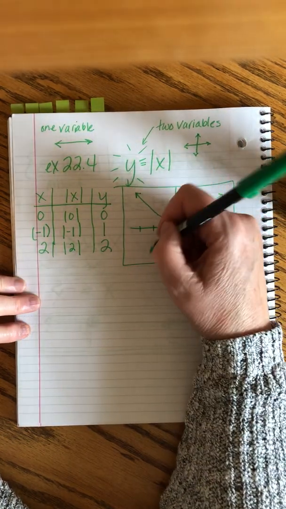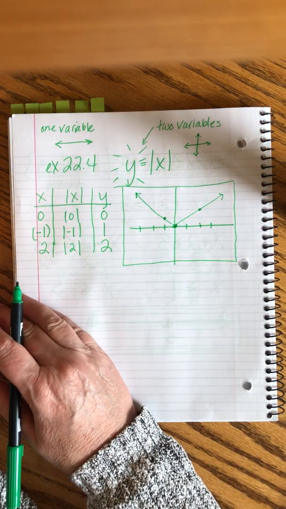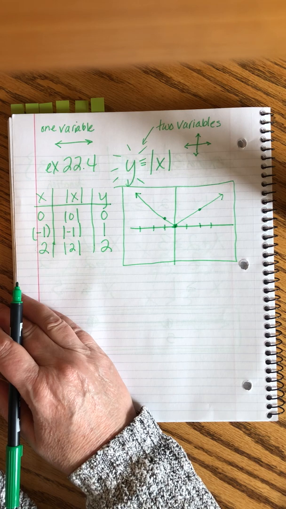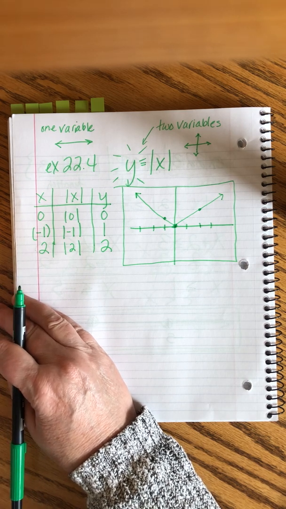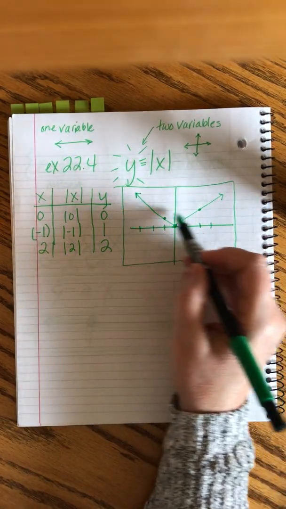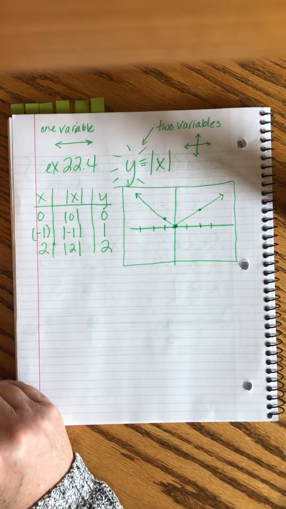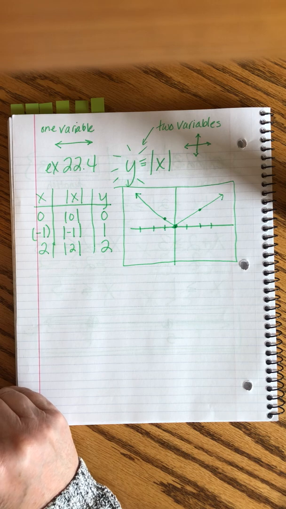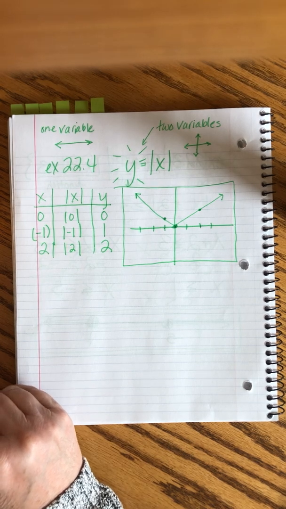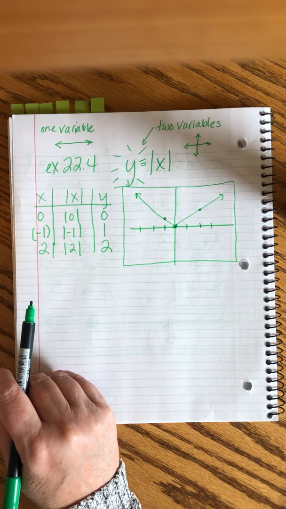Notice that it passes the vertical line test, right? Any line we could draw up and down would only hit one point on our flying geese. But if we draw this way, it does not pass the horizontal line test, so it is not a one-to-one function. And I still need to do the research on what the difference is.